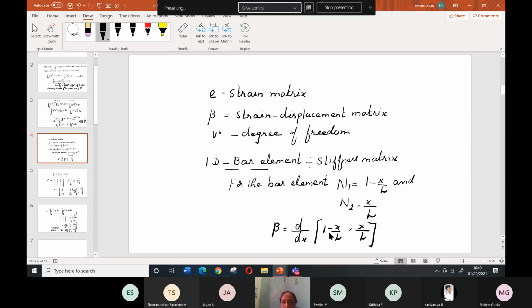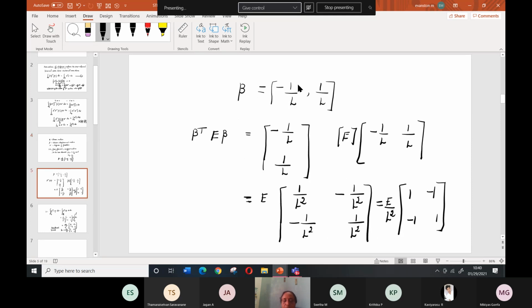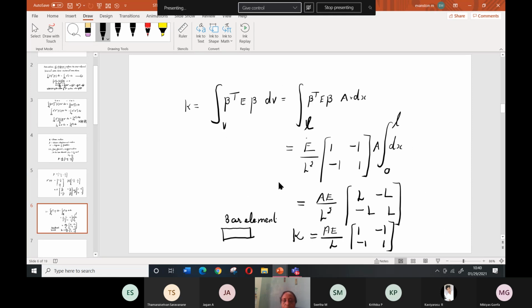When I am differentiating, I will be getting minus 1 by L, 1 by L. So once this beta is obtained, I'll be able to find out beta transpose E beta. When I simplify this, I'll be getting AE by L [1 -1; -1 1]. This is the value for the bar element.